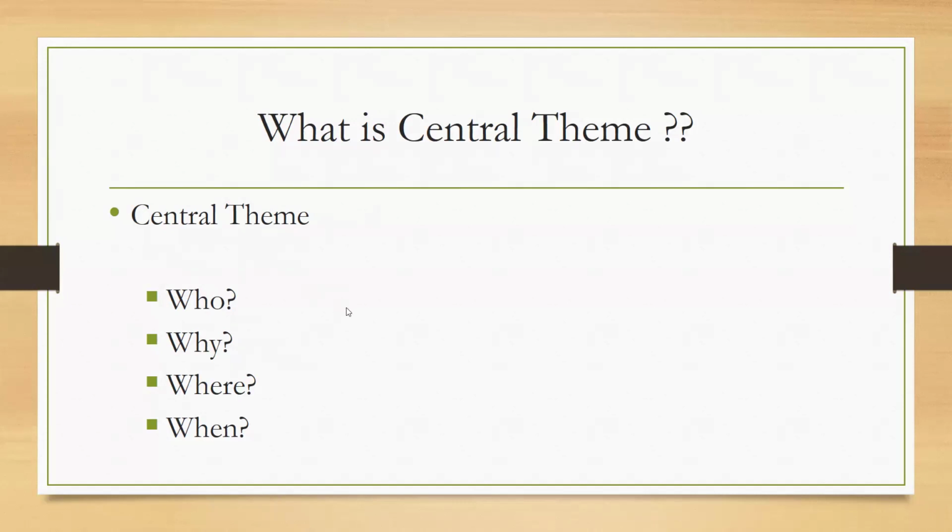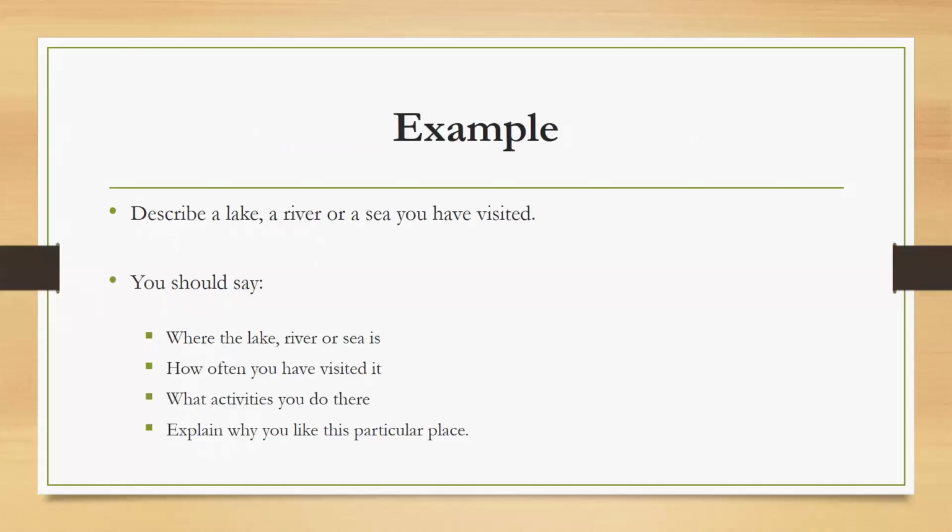Okay, so once again, this is what I want you to do. In the speaking test part 2, you have been given a topic. Describe a lake, a river, or a sea you have visited.